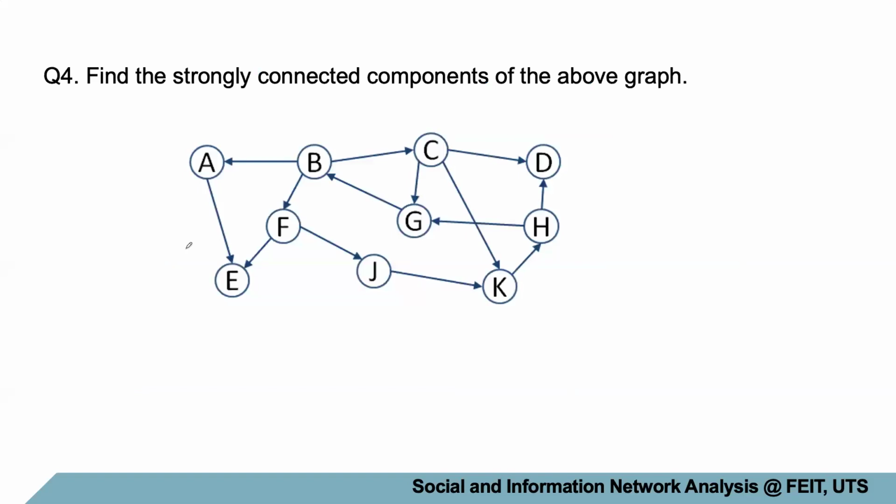For example, let's say we want to find the SCC that vertex A belongs to. We can find the out neighbors of A. Let's see, out A. We have A can go to E.